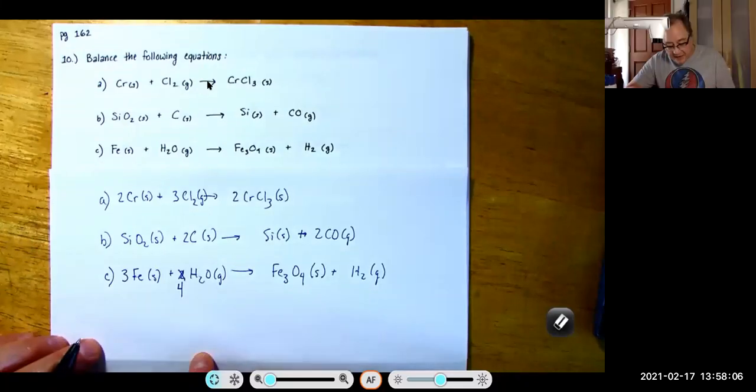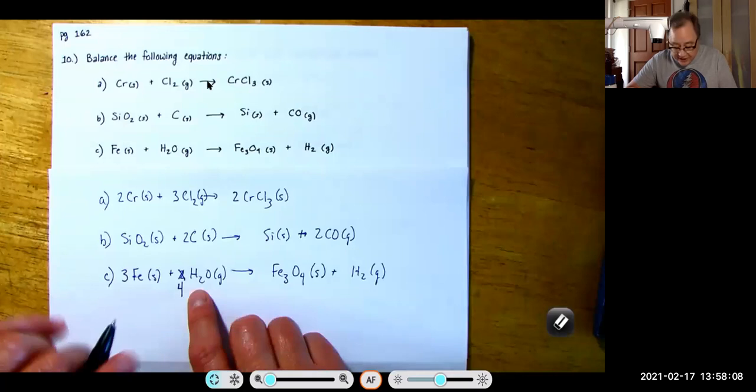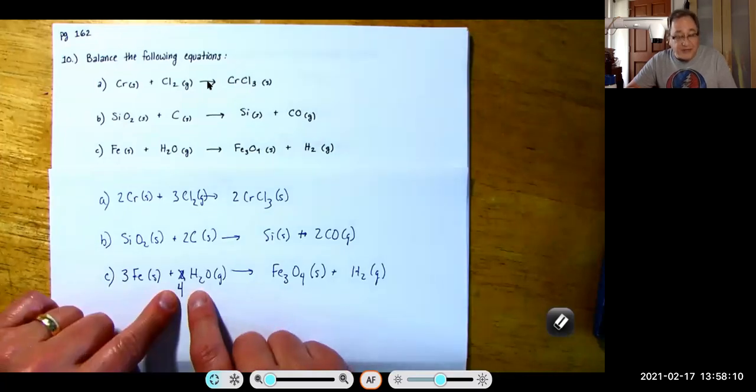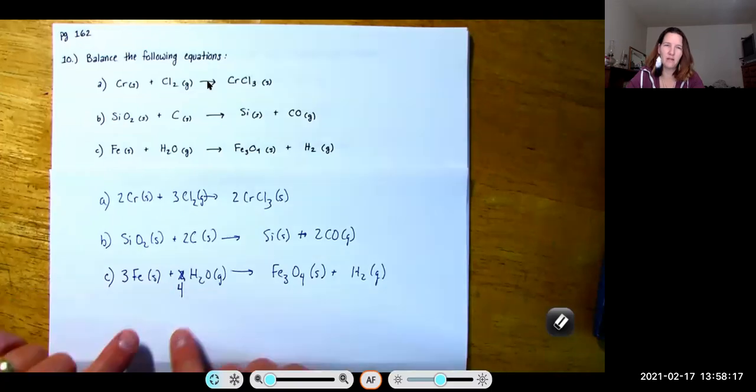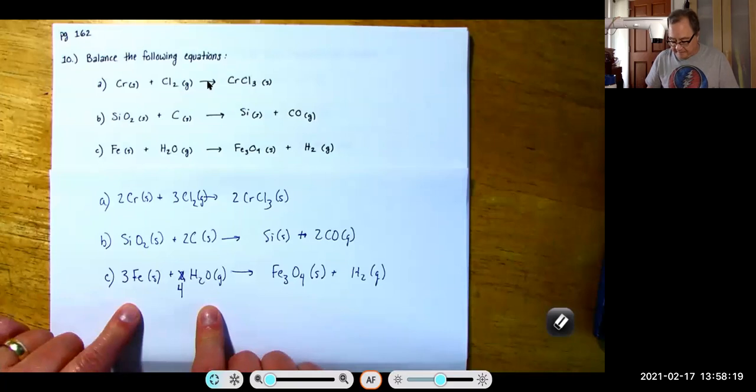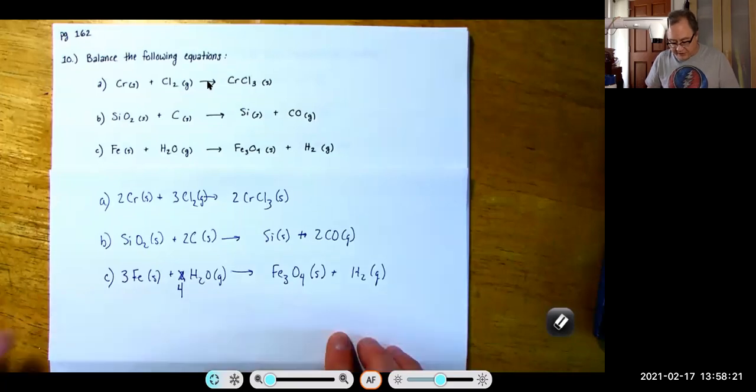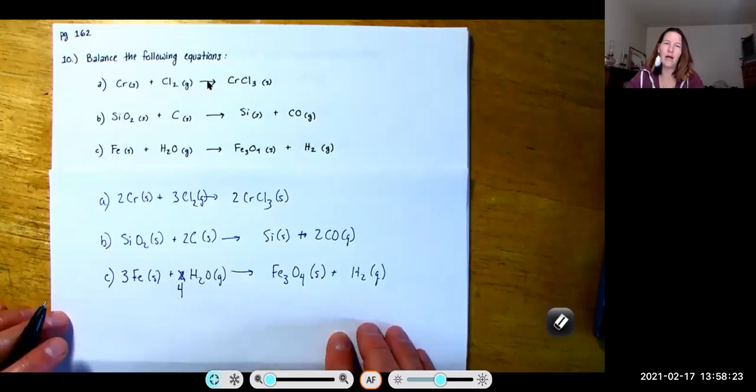Now you'll notice this changes the number of hydrogens. So that means we need to revisit hydrogen. How many hydrogens on the left? 8. And how many on the right? 2. So how do you want to adjust that? Multiply the hydrogens by 4. Okay.